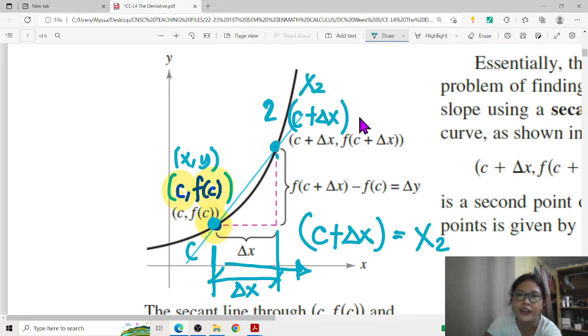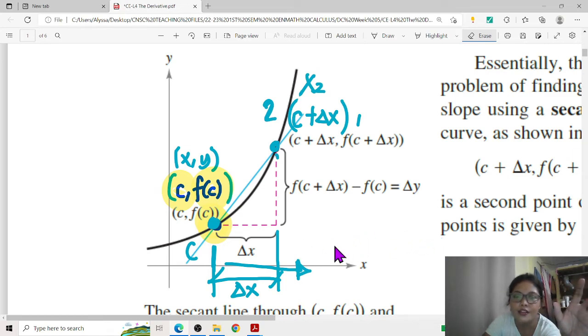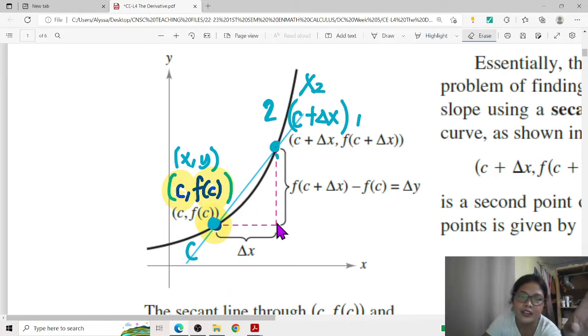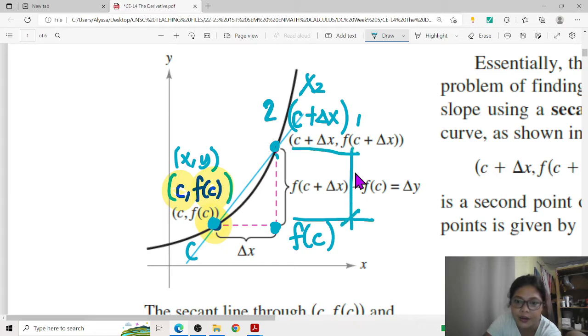So x of 2 yan, while the second point naman along y is equivalent to, buburahin ko para wala masyadong gulo. So kung dito ka galing, di ba? Ito yung origin mo. So f of c. So kung magdadagdag ako ngayon ng height, can I call that also delta y?